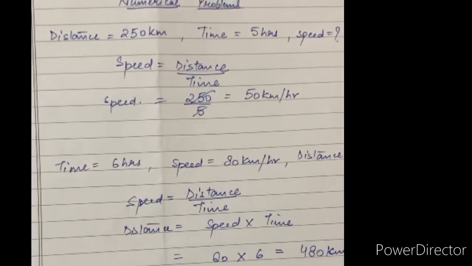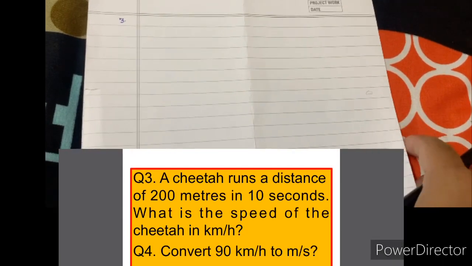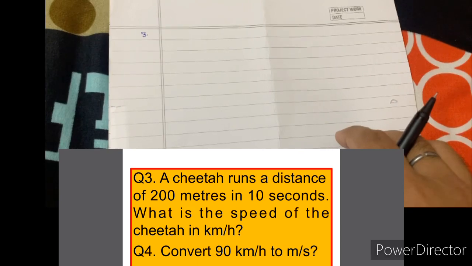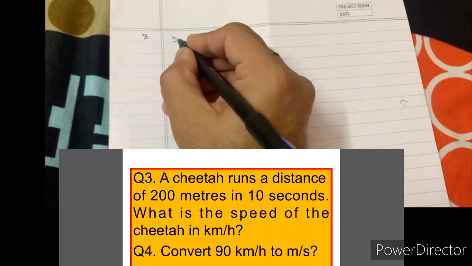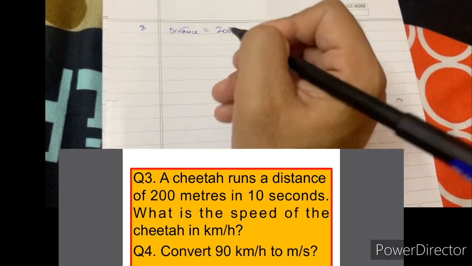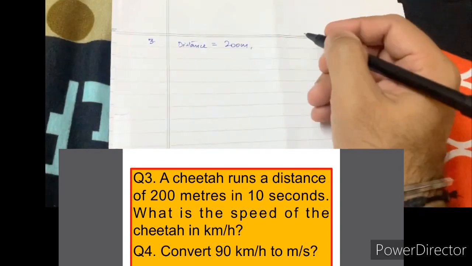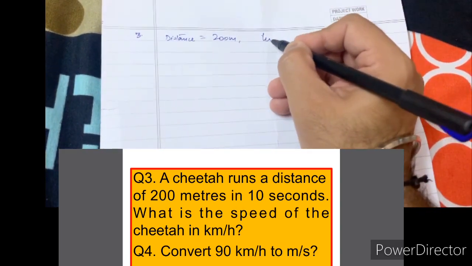Now come to the third question. In the third question we have to do two things. First we have to find the speed, and second we have to convert its unit. First I will read the question. A cheetah runs a distance of 200 meters. Distance is mentioned over here, that is 200 meter, and the time is 10 seconds.